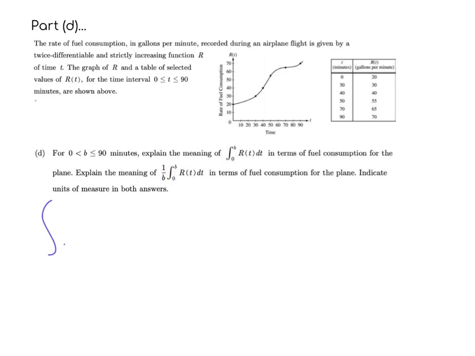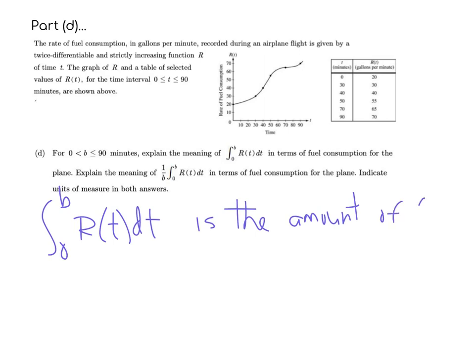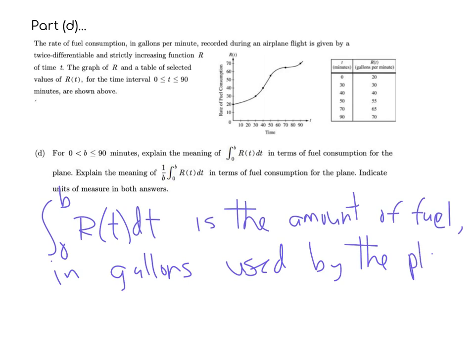So the integral 0 to b r of t dt, as I alluded to earlier, is the amount of fuel in gallons used by the plane or consumed by the plane in b minutes.